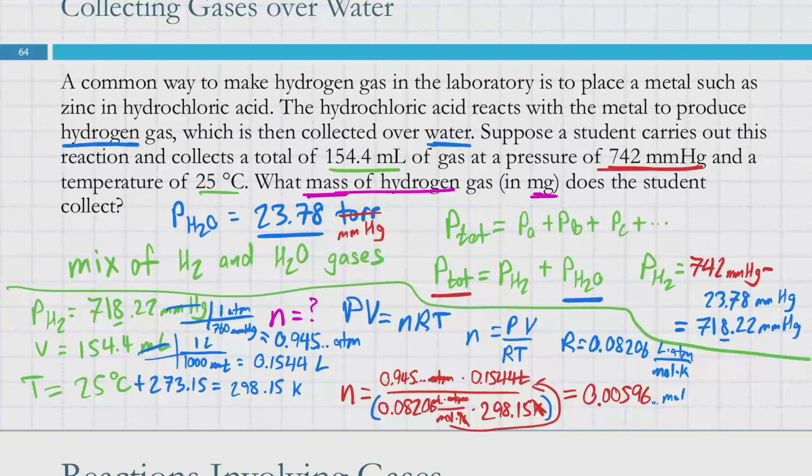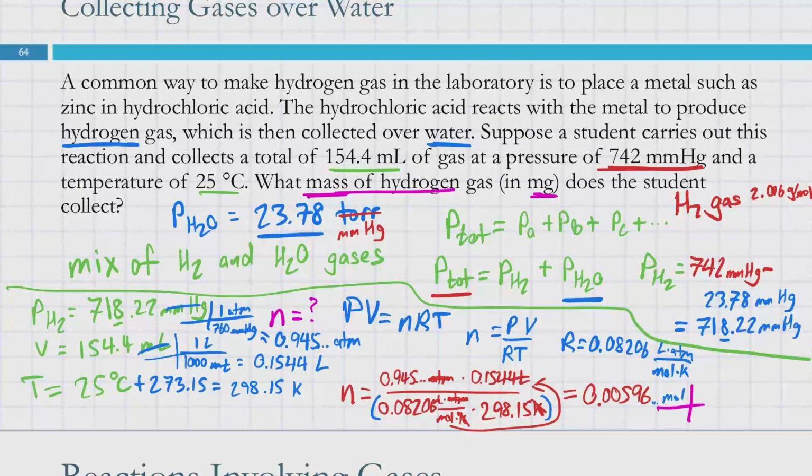It's a diatomic element. So hydrogen gas is H2. I also labeled it as H2 previously. So this is H2 gas, and it's got a molar mass of 2.016 grams per mole, 2 times the molar mass of one hydrogen.